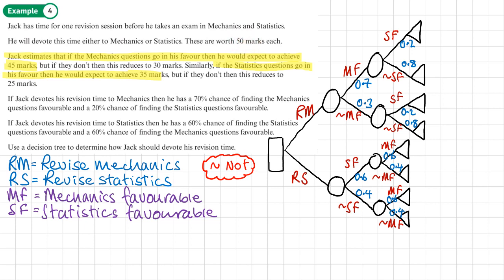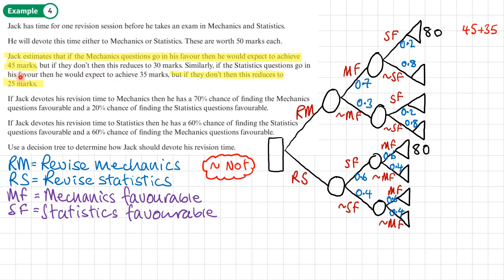So he would get 45 from the mechanics, 35 from the statistics, giving him a total of 80 marks. Now he must be doing the AS paper because they're out of 50 marks. So basically what we've got is 80 out of 100.